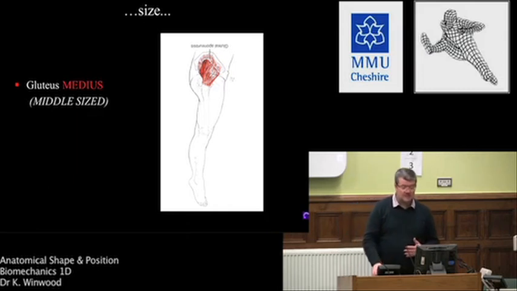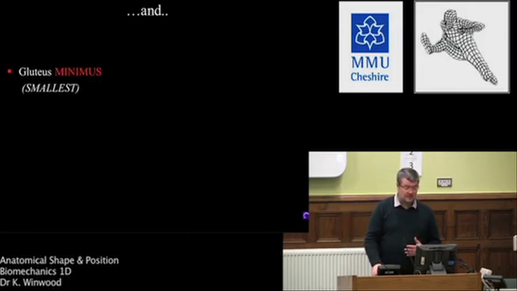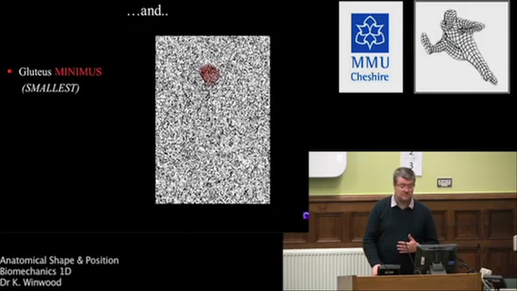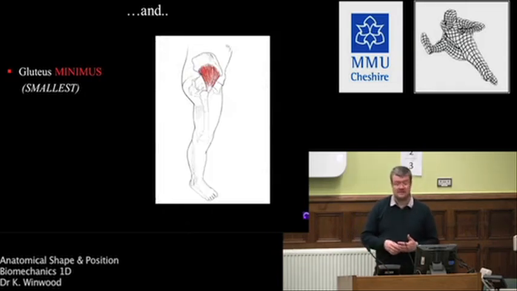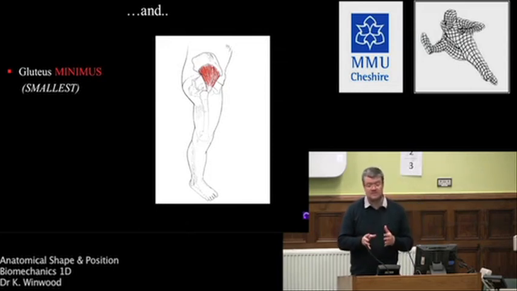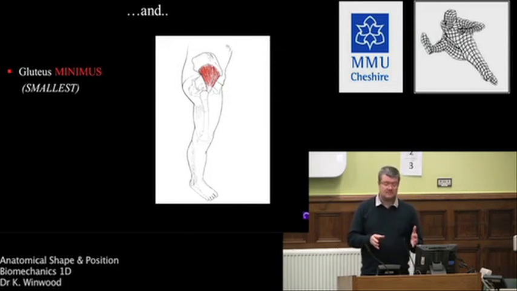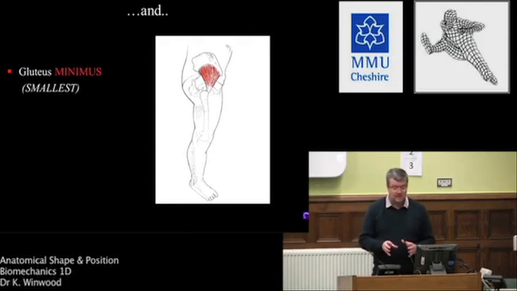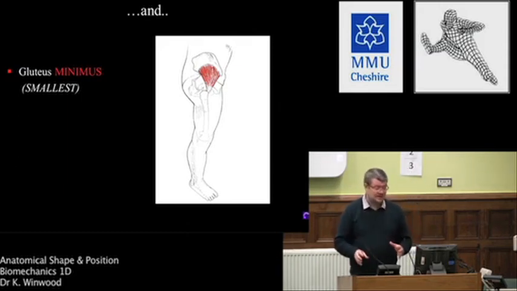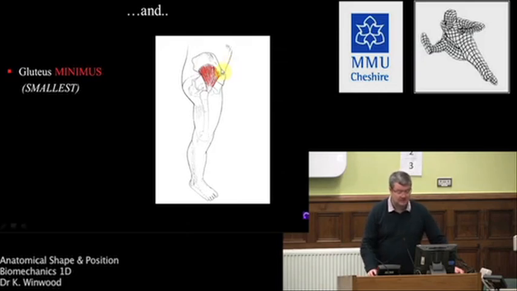Next, we have gluteus minimus. Minimus, again, is a smaller group of the gluteal muscles. So we've got minimus as the smallest, maximus largest, medius in between. Each of them is part of the gluteal group. They do the same function within the movement pattern, but at different locations within the human body.